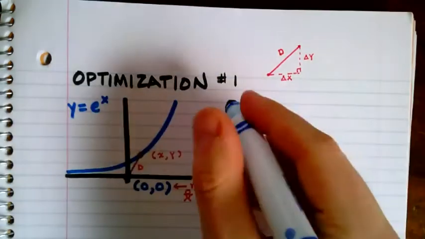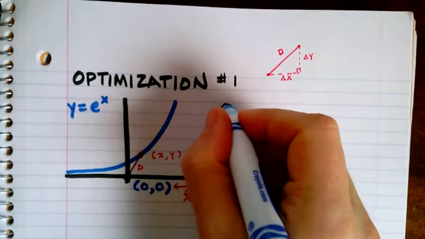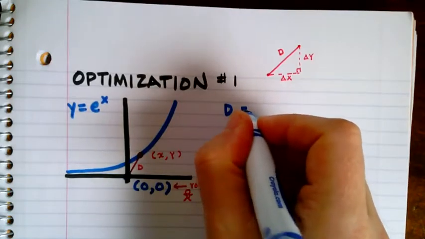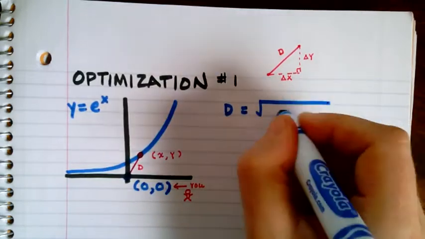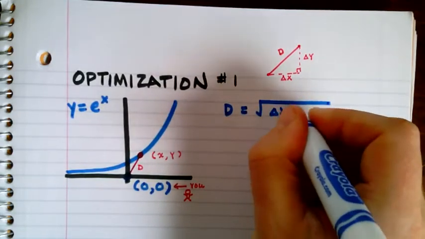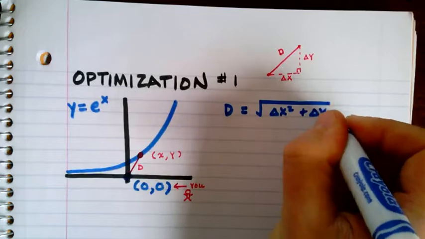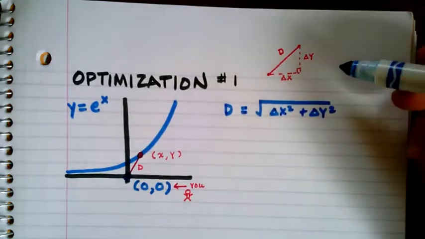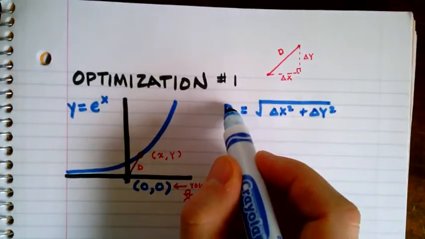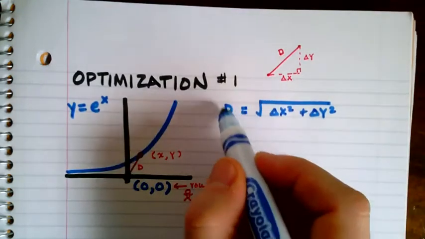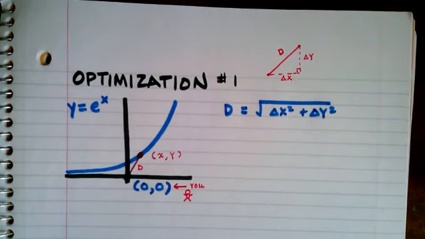And therefore, we can say that the distance is equal to the square root of the change in x squared plus the change in y squared. Notice that all I'm doing is applying the Pythagorean theorem. Rather than saying d squared equals blah, blah, blah, I just square rooted both sides. We got it set up this way.